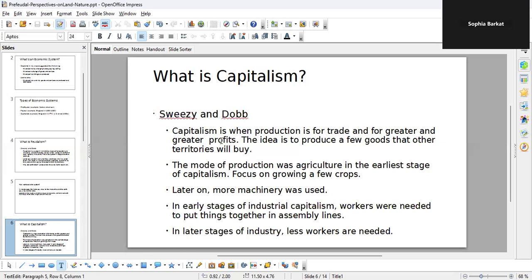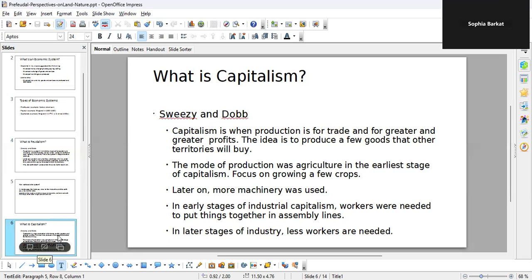It's now what can we produce using what we extracted, right? So workers were needed to put things together in assembly lines. In later stages of industry, fewer and fewer workers are needed. The machines can do the work themselves.